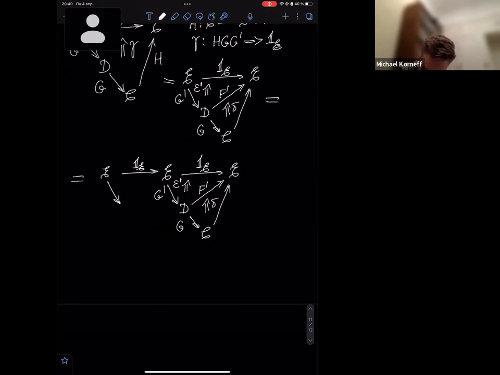Cells which follow from the triangle identities, and I can form the following diagram.